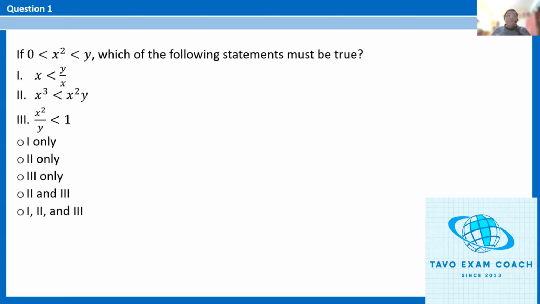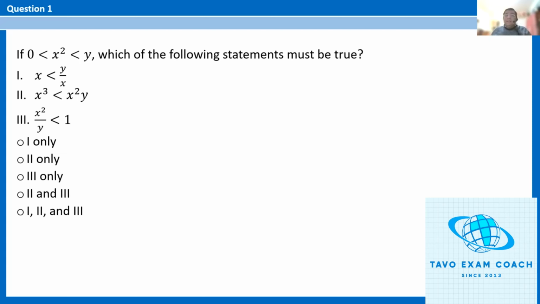If 0 is less than x squared and x squared is less than y, which of the following statements must be true? We have the following statements 1, 2, and 3. Each of them is an inequality with variables x and y.